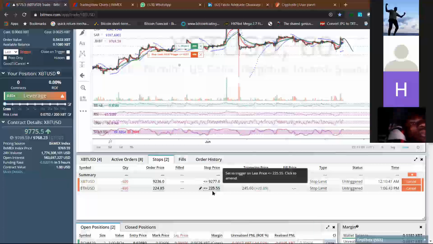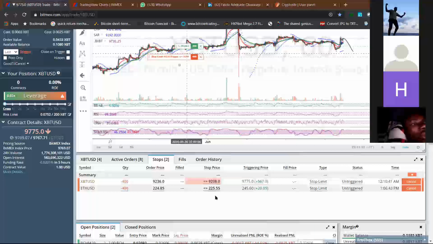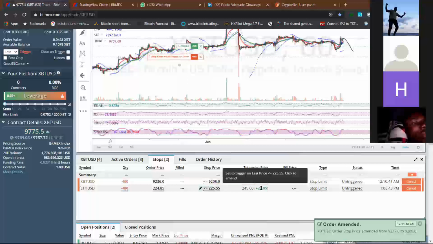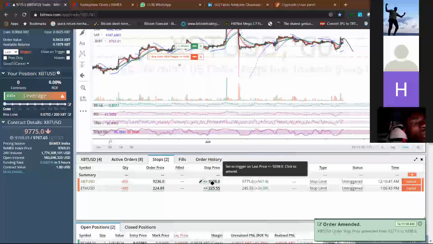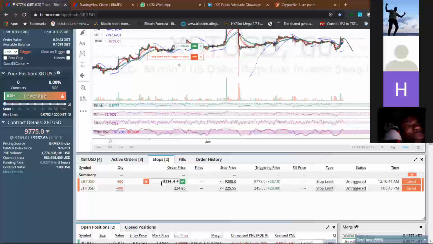So if you are just using the normal indicator here, you have to come back here to adjust it. So my trigger price is around 9,208, and I have to adjust this one to come below that price, which is let's say 9,200.